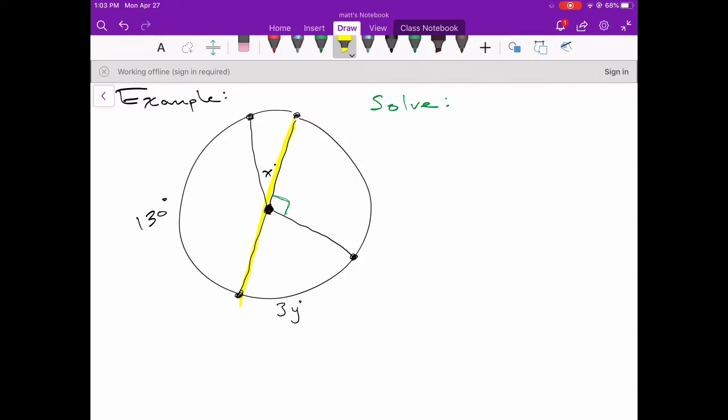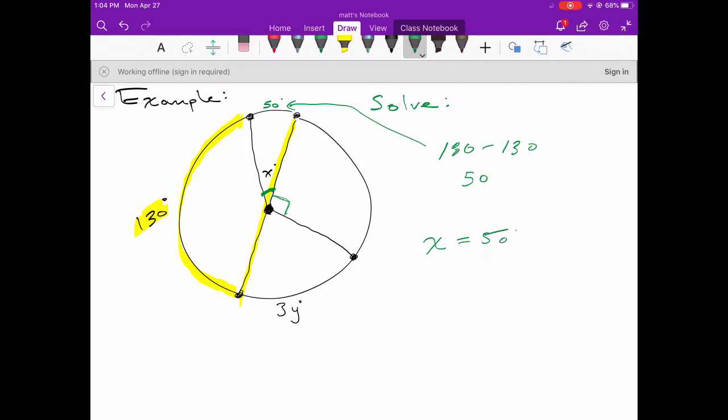If this arc right here is 130, then I could just do 180 minus 130 to figure out what this arc right here is. 180 minus 130 is 50. So this arc is 50 degrees. This x goes with this central angle right here, and central angle and arc measure must be the exact same thing. So x is equal to the arc measure of 50 degrees.